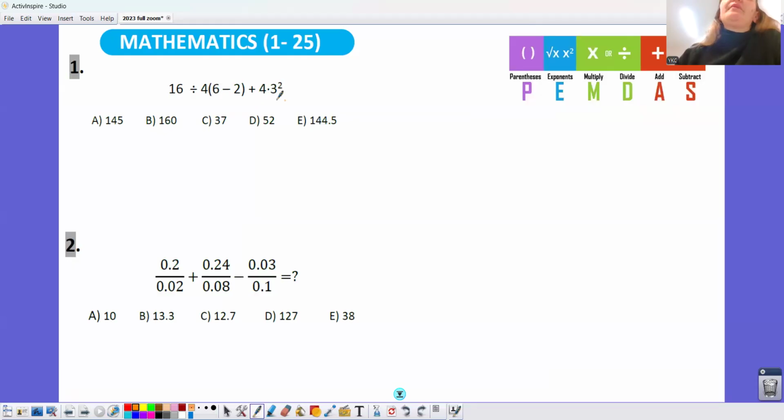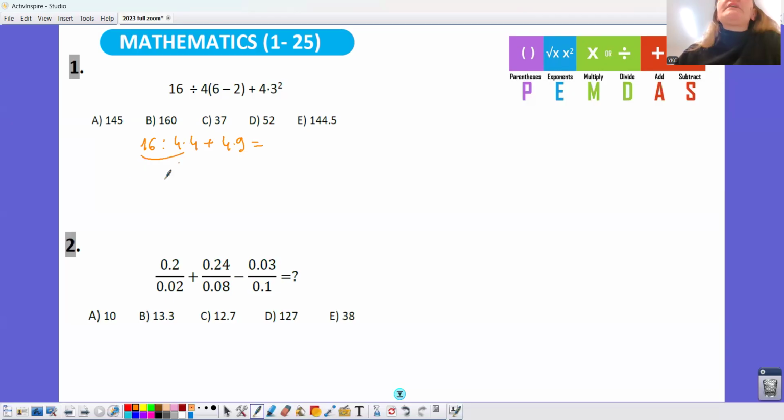First question is the BEDMAS or PEMDAS rule, which is parentheses first, then if you have exponents, then multiplication, division, and at the end addition or subtraction. So we'll start with the parentheses. 16 divided by 4 times 6 minus 2 is 4 plus 4 times 3 squared, which will be 9, is equal to, when you have division and multiplication together, always start from left to right.